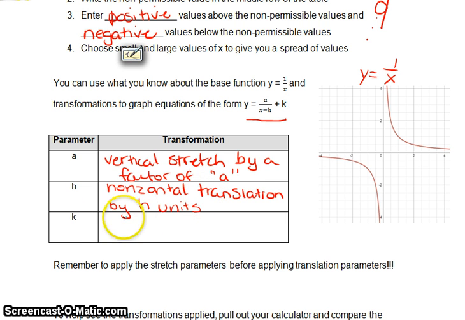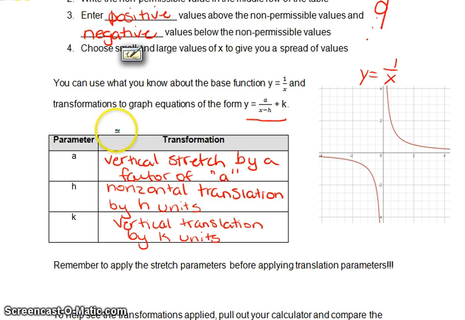The last one, k, is your vertical translation, so that one we're moving up or down. And one last point I want to make about k is that k also identifies our horizontal asymptote.